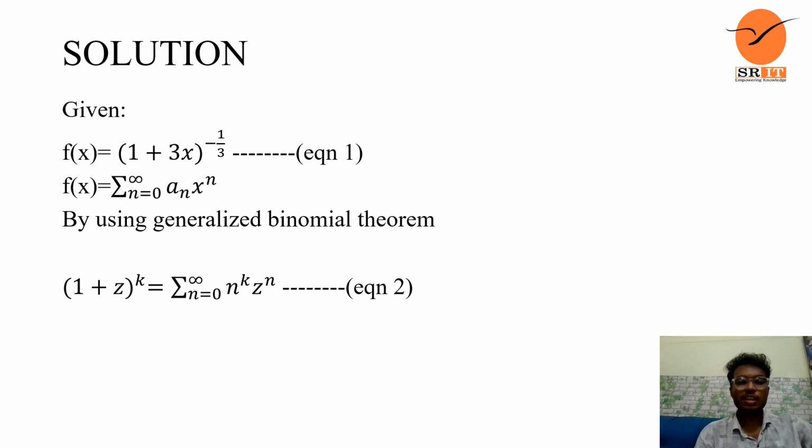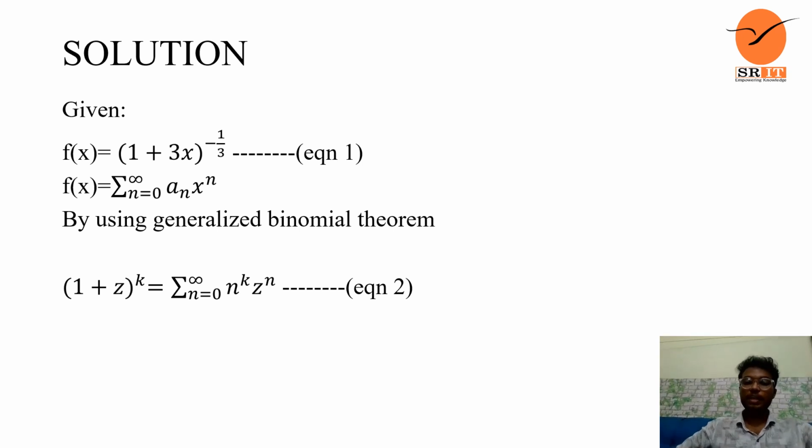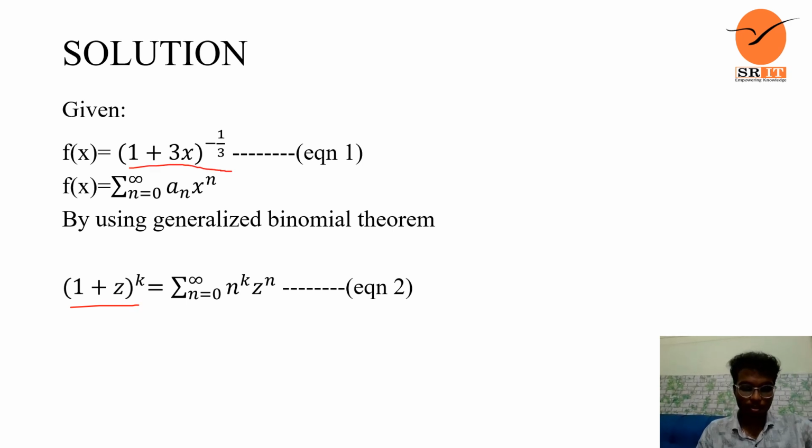And now by using the generalized binomial theorem, (1 + z)^k = sigma n = 0 to infinity C(k, n) z^n. Let us consider this as equation 2. As we see here, (1 + z)^k, and here (1 + 3x)^(-1/3). Here z is 3x.